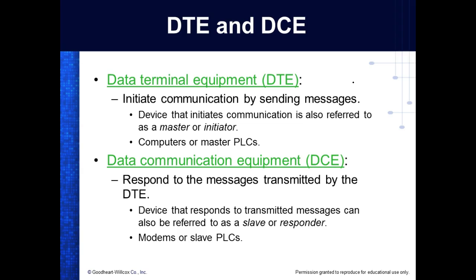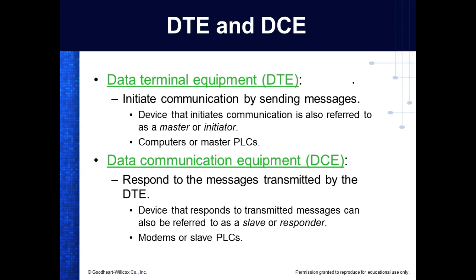So a DTE, these are guys that initiate communication, and that's who we're communicating with. So this PLC would be a DTE. This computer would be a DTE. It's called data terminal equipment. A printer would be a DTE, right? You understand? So anything I'm communicating with, or anything that's developing the transmission, is a DTE.